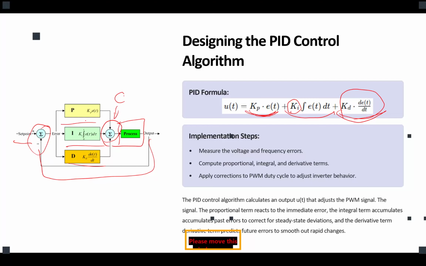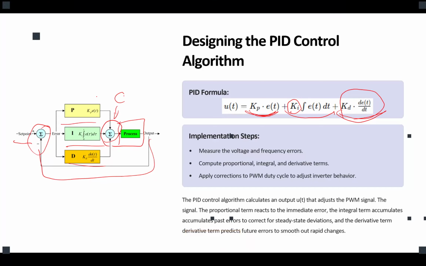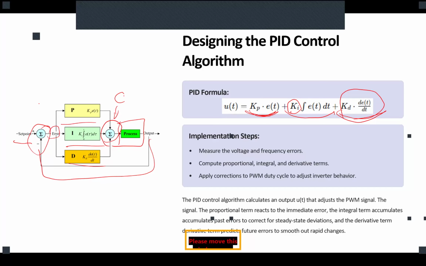Remember that? So this process means we inject the control signal and apply it to those leverages. So now we have a new PWM situation, which should be closer to our set point. So the next time it calculates the error, it should be smaller.